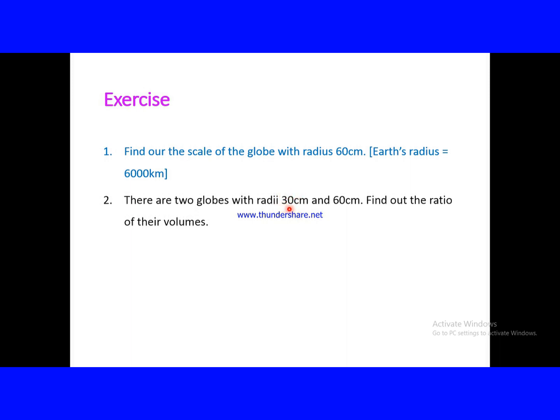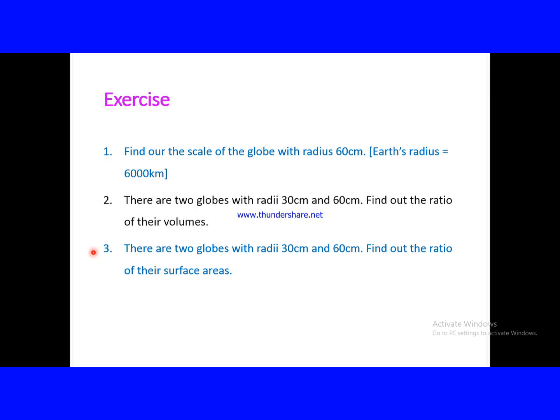Volume is 4 by 3 pi r cube. Here r is 30 centimeter. So easily we can find out the volume of the first globe, and same way we will find out the volume of the second globe, and then we'll come to the ratio of volume of these two globes.